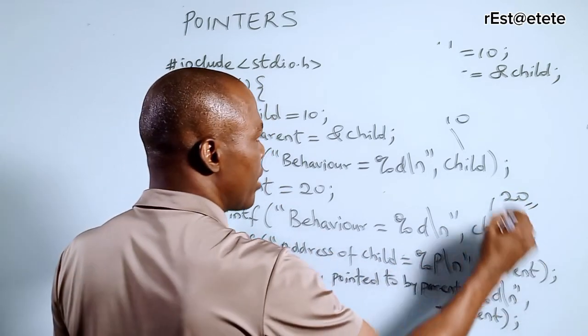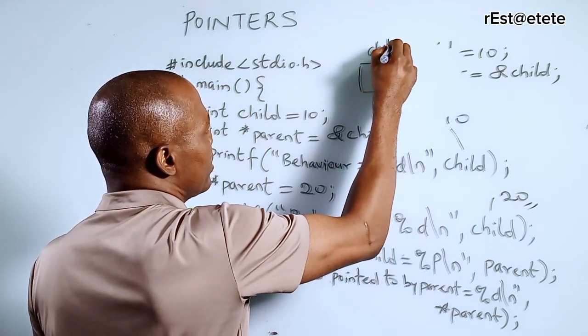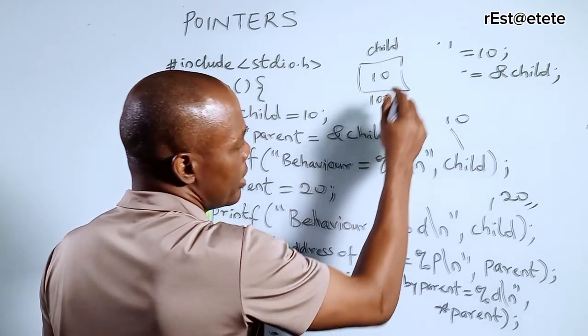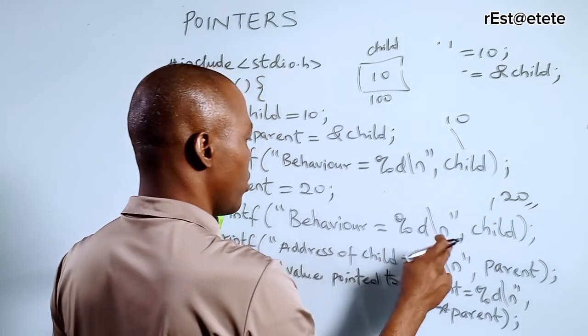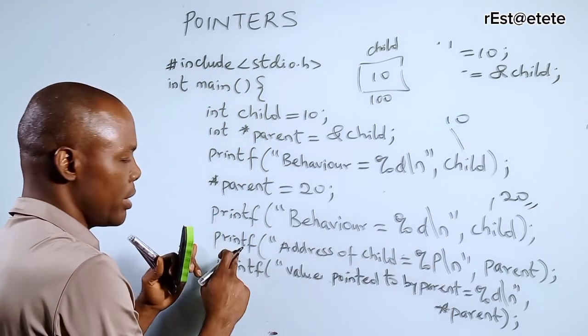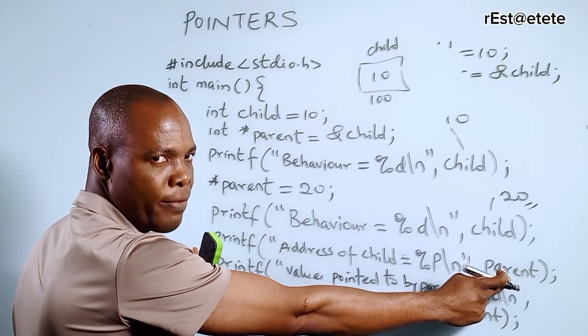This one will print out, so if child initially was stored 10, address is 100. Now, this format specifier p is telling the printf that I'm going to give you a value.